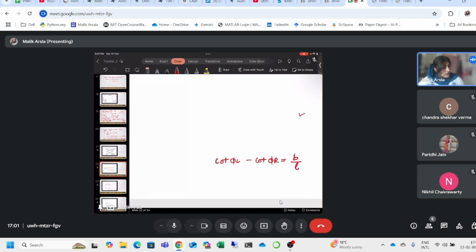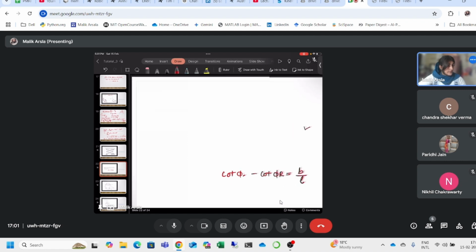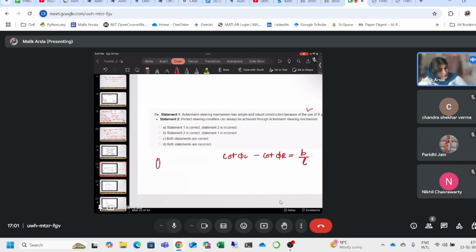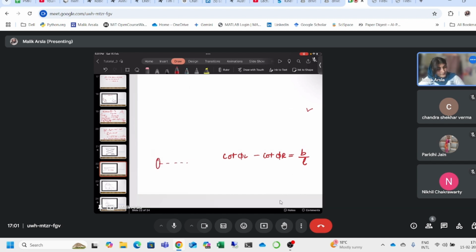If our steering mechanism is something like this, this is our front tires, and this is our rear tires. So we say that perfect steering condition exists when all of these tires rotate about a single instantaneous center of rotation.